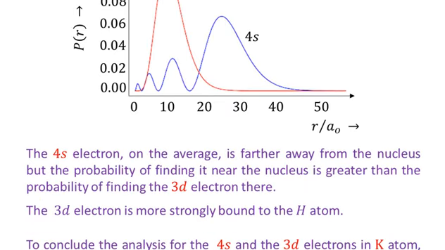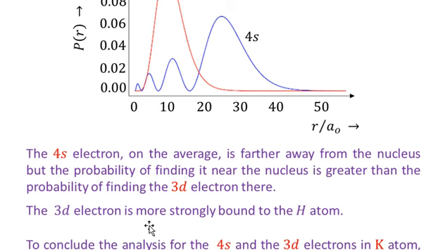The 4s electron on average is further away from the nucleus, but the probability of finding it near the nucleus is greater than the probability of finding the 3d electron there. If you magnify this region, you will see that the probability of the 4s electron existing closer to the nucleus is greater than that of the 3d electron.